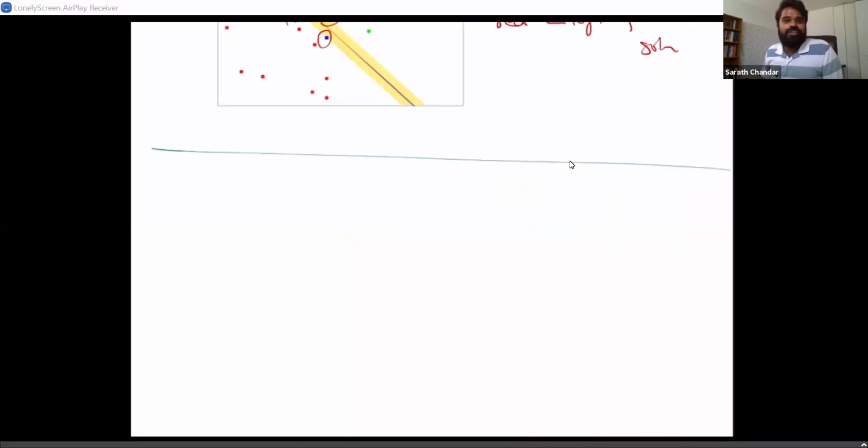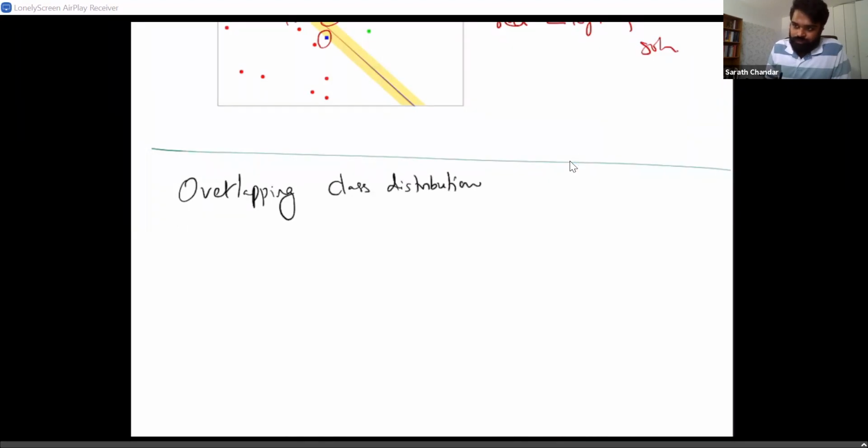Okay, so now this is good. We solved the first major issue with Perceptron, which is the issue of having multiple solutions. But there is a more crucial issue which is still not addressed, which is the issue of overlapping class distributions. If my problem is linearly separable, max margin classifier is perfect.